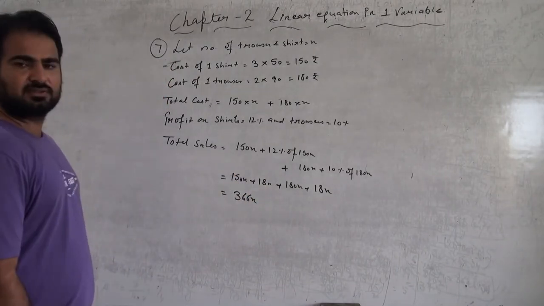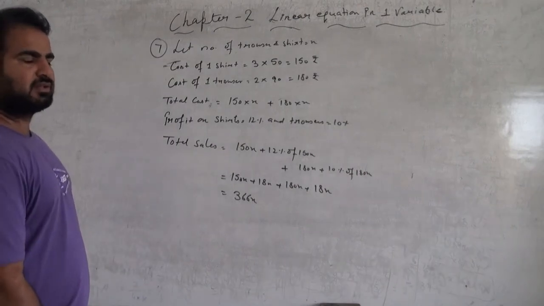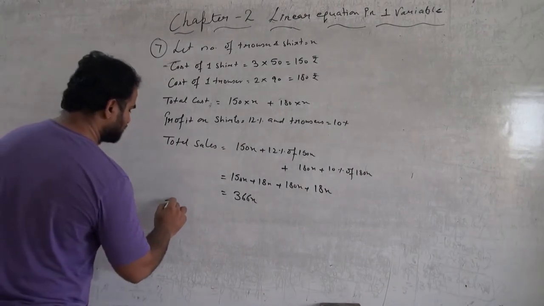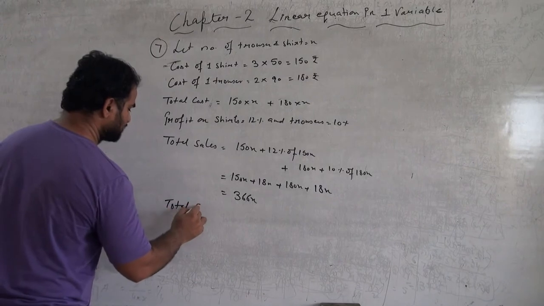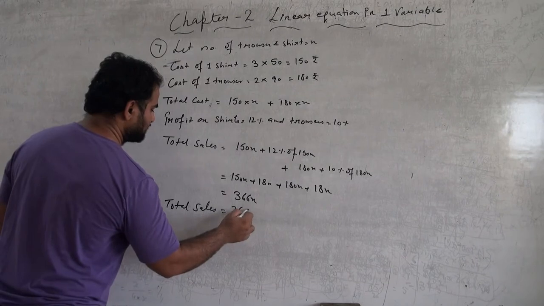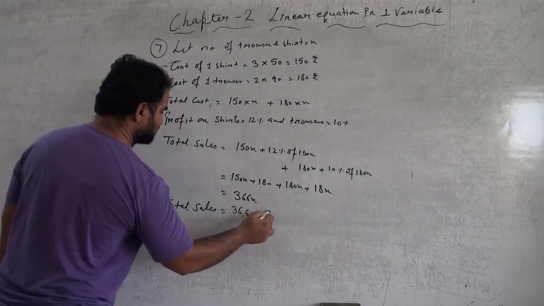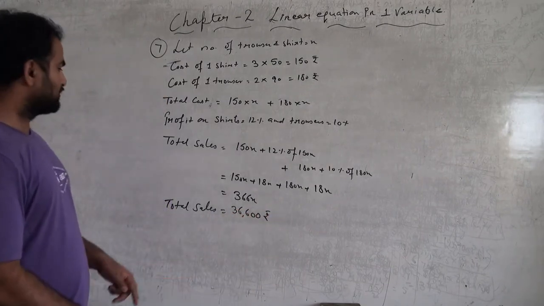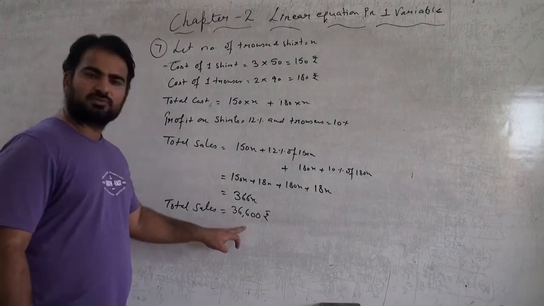It is total sales and we are also given the total sales. Total sales given is 36,600 rupees. So this is also total sales and this is also total sales.